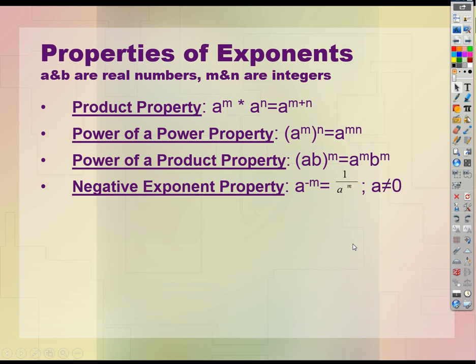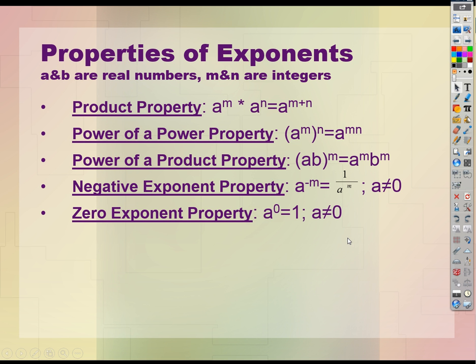All right, how about the zero exponent property, the easiest one? Any number except 0 taken to the 0 power is always equal to what? 1. No matter what. Any number to the 0 power is always equal to 1, except 0 itself. 0 to the 0 doesn't make sense.